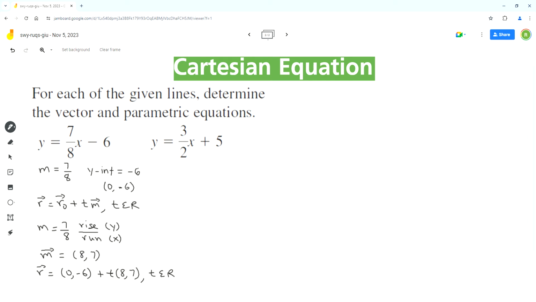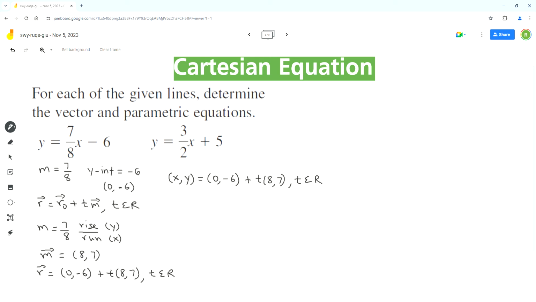Now we can write the parametric equations for this line. So let's assume the position vector r represents point x, y on the line. Now we can break up this vector equation into the parametric equations.